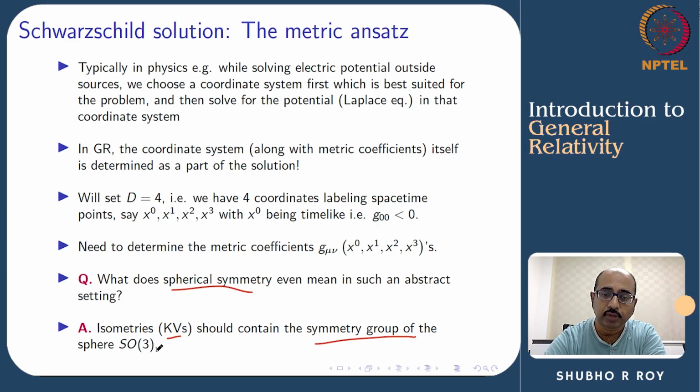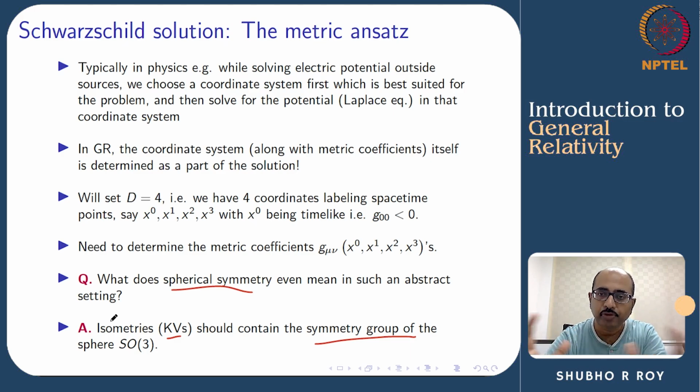The set of isometries forms a group, which is called the isometry group. Most of you, I hope, are familiar with the idea of a group. And symmetries in physics turn out to be elements of a group. Symmetric transformations are elements of a group.